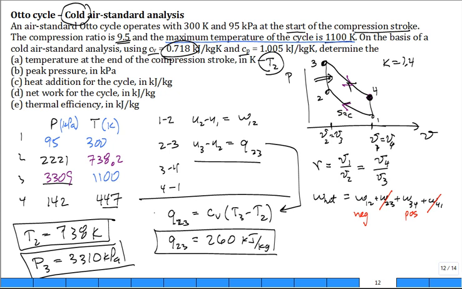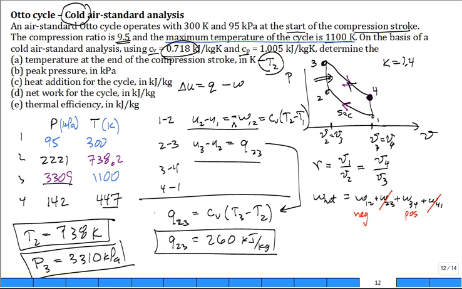Okay. So what is this work 1 to 2? Well, here's the equation. So that's going to be C sub V times T2 minus T1. True? I made a little error. What's my error? A sign error. In my general equation, I have delta U is equal to Q minus W. I forgot the negative right there.